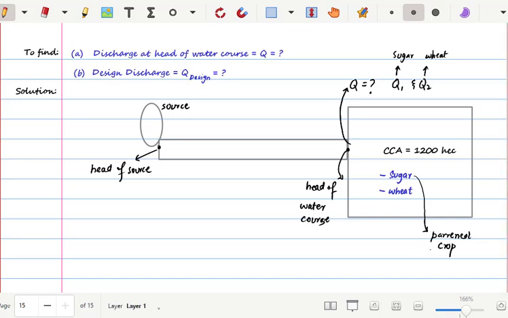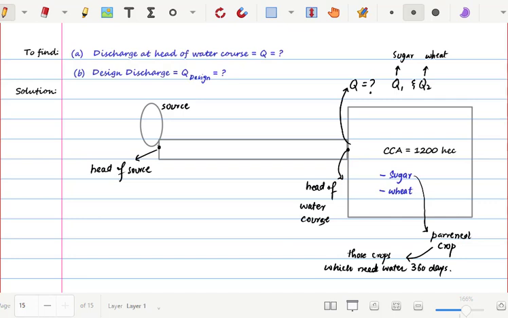What does this mean? Perennial crops are those crops which need water 360 days throughout the year.